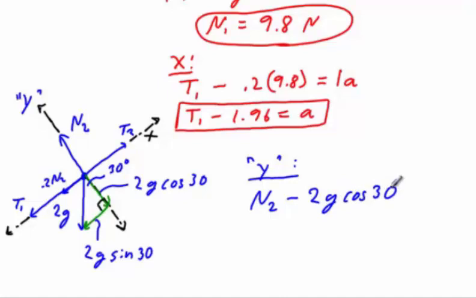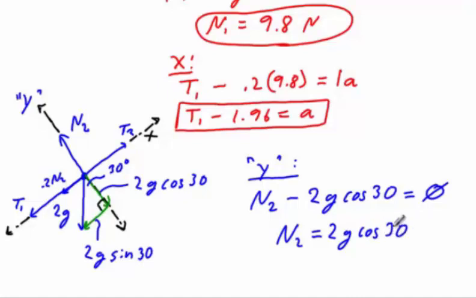And looking at the free body diagram, that seems to be it. The acceleration in the quote y direction is 0, and so this gives me a complete equation. Looking at that complete equation, there is in fact only one unknown. The only unknown is N2. And so N2 is equal to twice g cosine of 30.